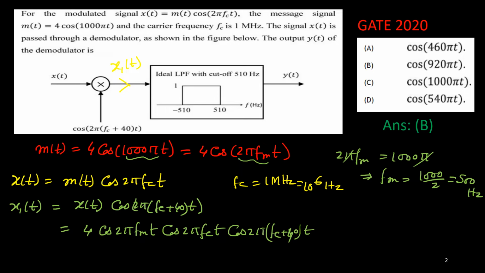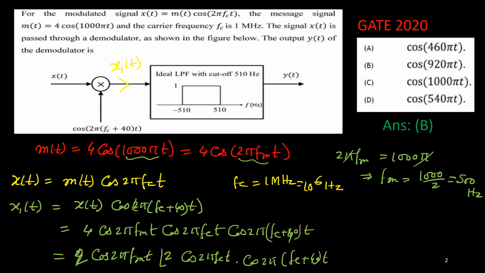We'll consider this as 4 times cos, so I can take 2 here, 2 pi fmt, and 2 times cos 2 pi fct into cos 2 pi fc plus 40t. Now 2 cos a cos b you can replace by cos a plus b.